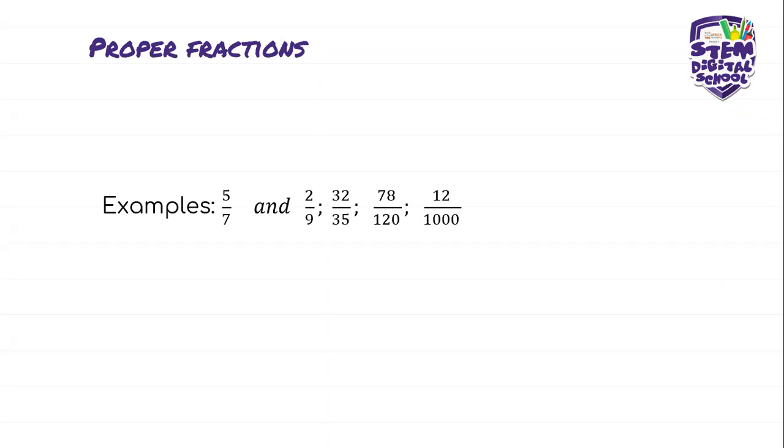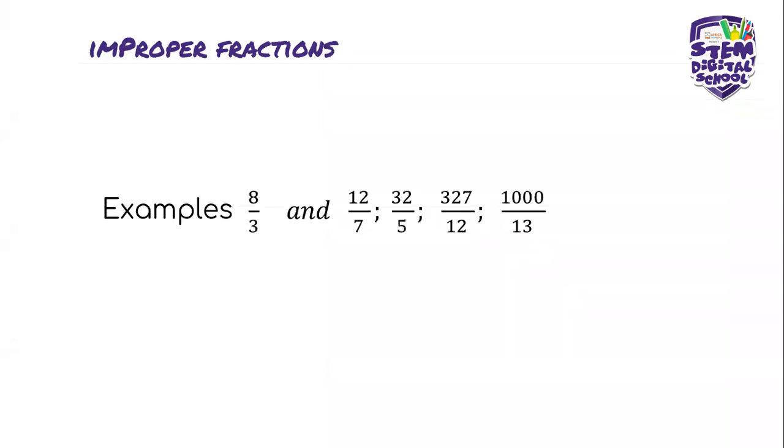And then you can carry on to look at the next ones there, 78/120, and the last one being 12/1000. So those two are proper fractions. They are proper because the numerator is smaller than the denominator. In the same vein, you can also look at examples of improper fractions.